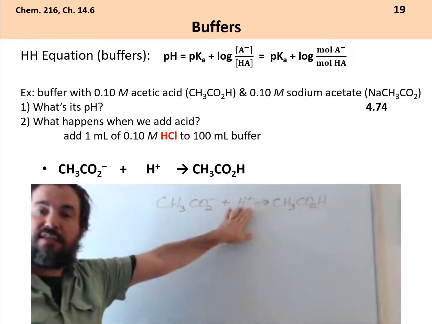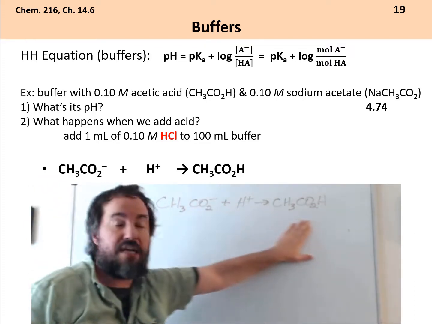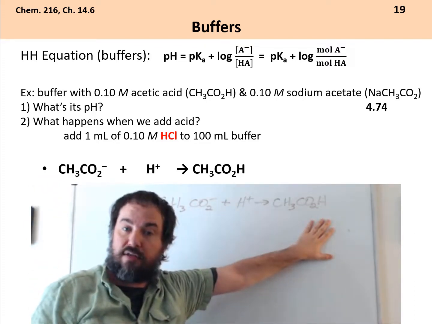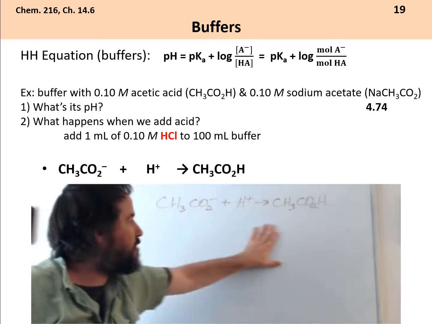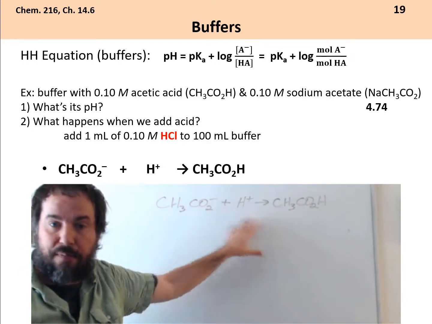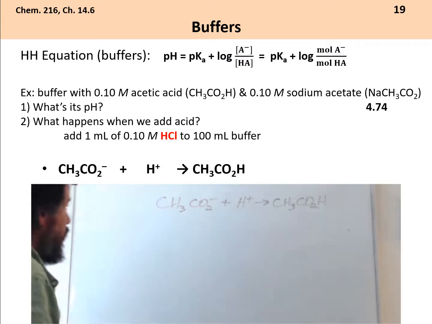I'm not going to write this as an equilibrium because this reaction actually is going to go all the way to this. When I add in that acid, it's going to go all that way, and then it's actually going to equilibrate a little bit. But I'm going to assume it goes all one way.